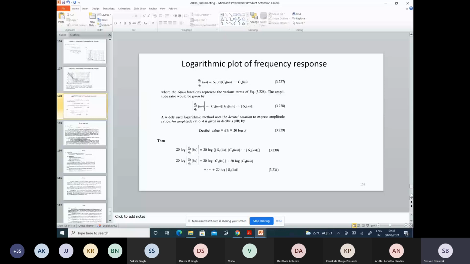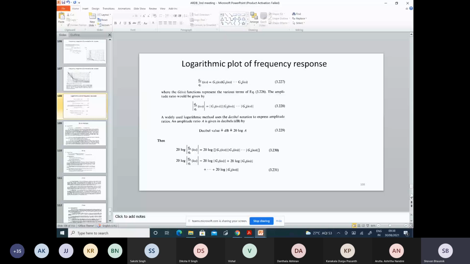For individual poles and zeros, you can plot omega versus phi, and then add all the phi at a particular omega to get the overall omega versus phi. In this way, by seeing the transfer function, you can draw the Bode plot very easily. You will learn this in much more detail in control systems.